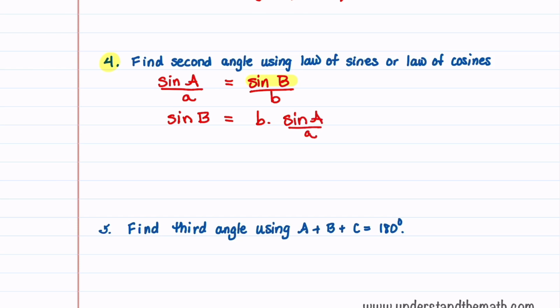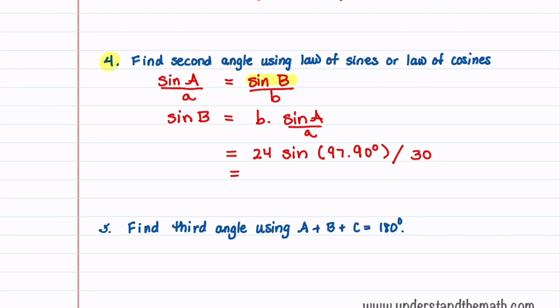Let's now plug in these values. Side B is equal to 24, and then we have the sine of angle A. We just found that in step 3, and that was equal to 97.90 degrees. And we divide this by side A, which is 30.